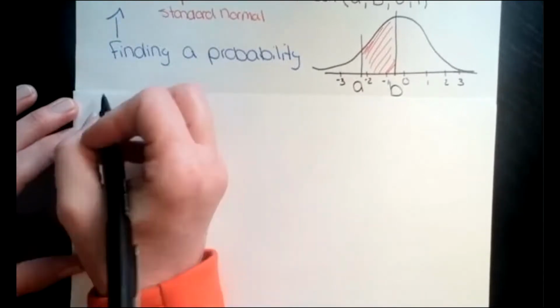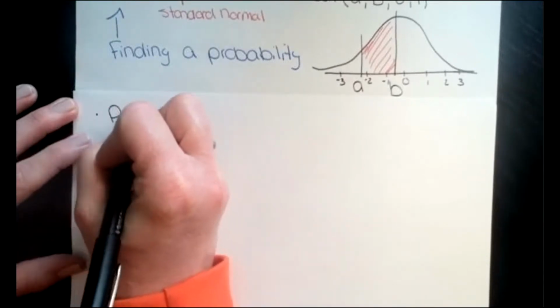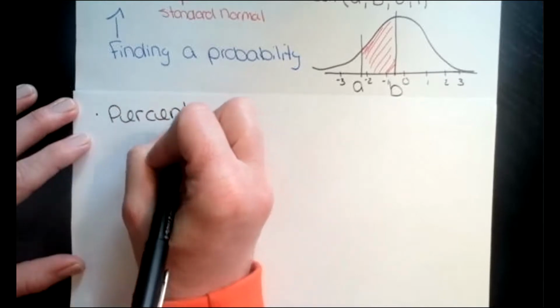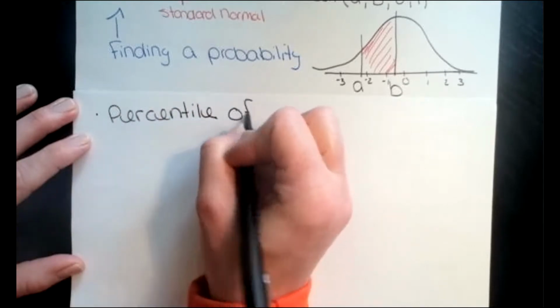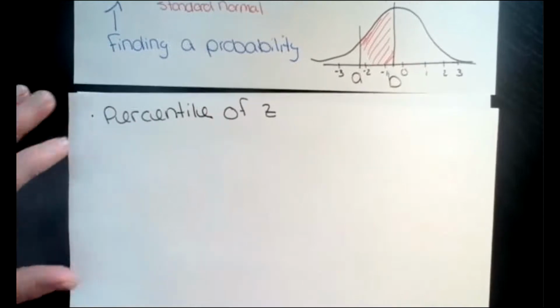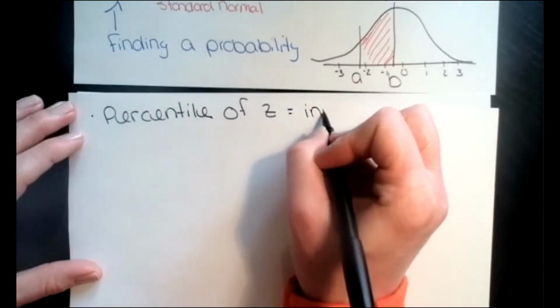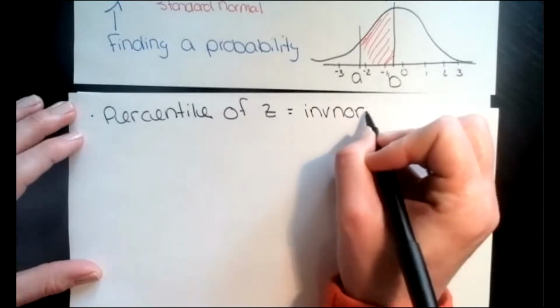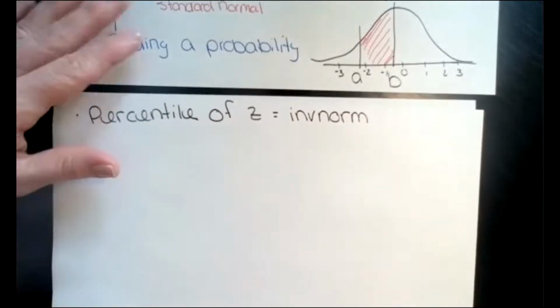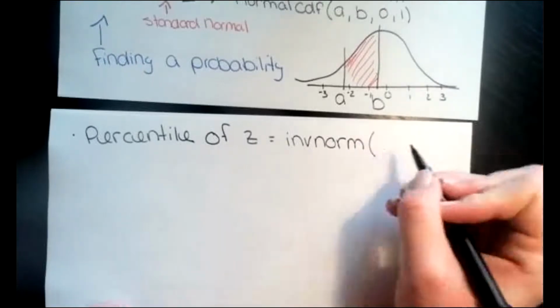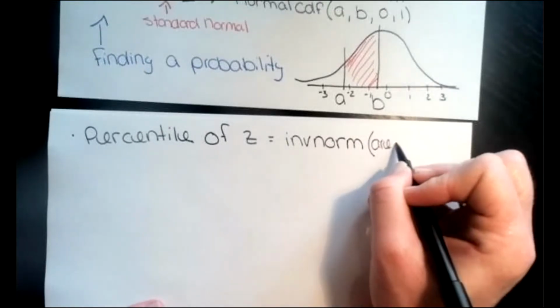So a percentile of Z, again, Z is my key. Here we're going to use the function inverse norm. And just like last class, I'm going to plug in the area to the left.